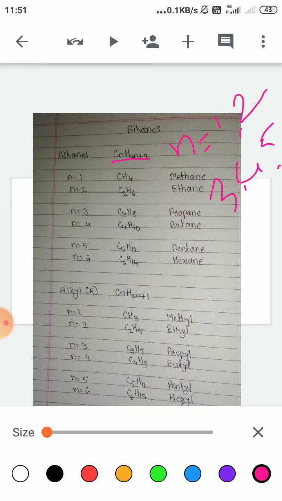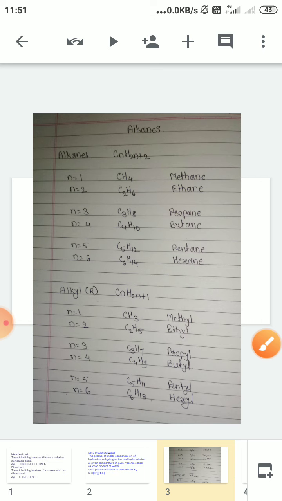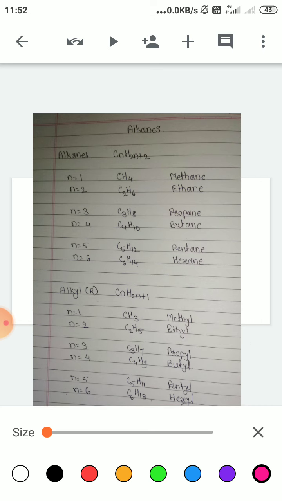If we put n equal to 1, then we get C1H(2 into 1 plus 2), that is C1H4. It is not necessary to mention 1, so we can write CH4. Therefore the first member of the alkane series is CH4, that is methane.